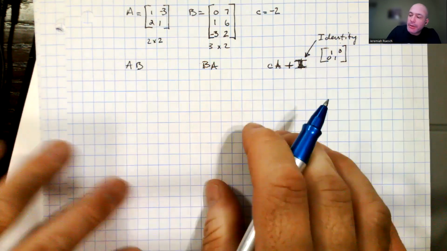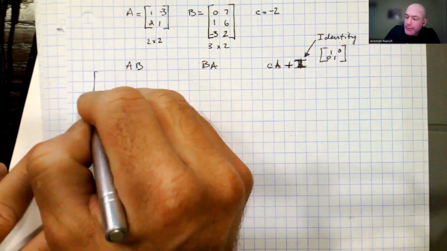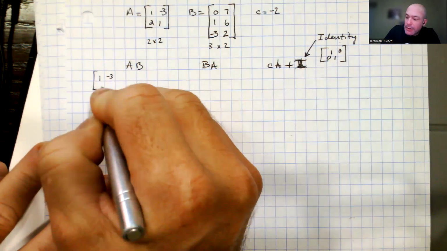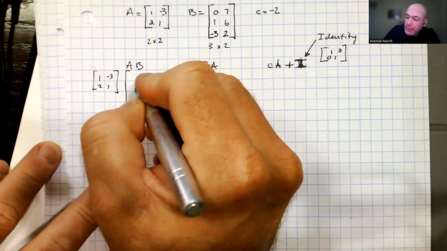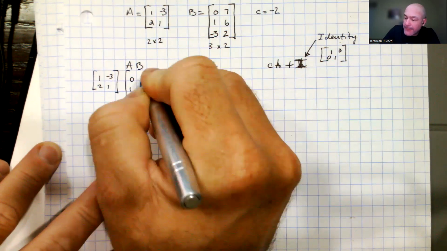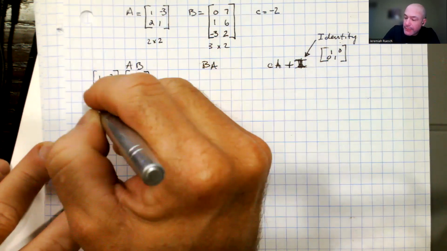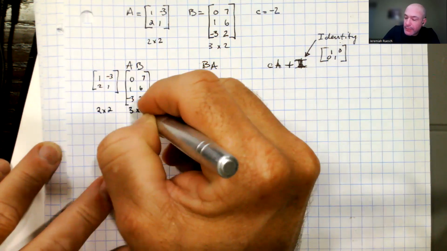All right, so let's look at the product of A and B. Our product of A and B is 1, -3, 2, 1 multiplied by the 3 by 2 matrix of 0, 7, 1, 6, -3, 2. As I said, this matrix is a 2 by 2, and this matrix is a 3 by 2.